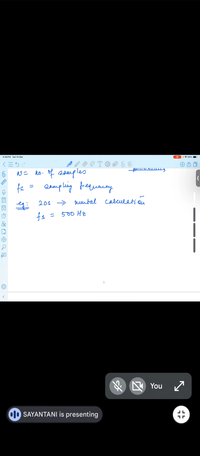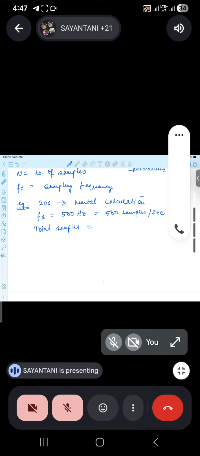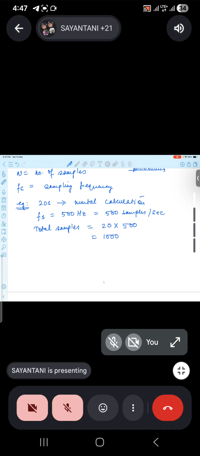This can vary from device to device. So if I'm saying a device has a sampling frequency of 500 Hertz, what does it mean? It means that it provides 500 samples per second, right? So the total number of samples I am going to acquire for this 20 seconds time duration will be nothing but 20 into 500, that is 10,000 samples. And these are the samples which are constituting my EEG signal. So this is the concept of sampling frequency and number of samples.